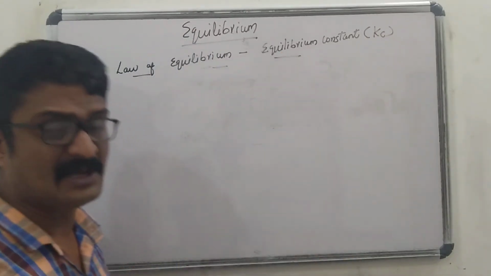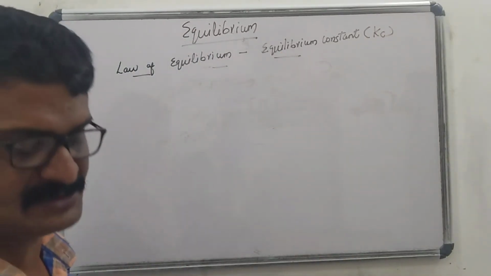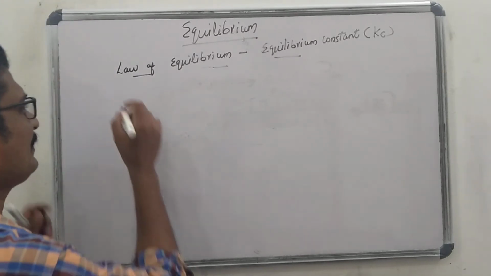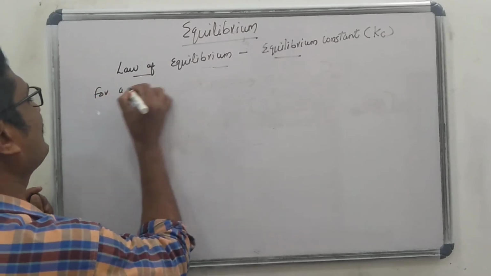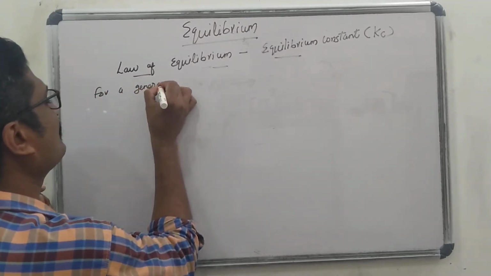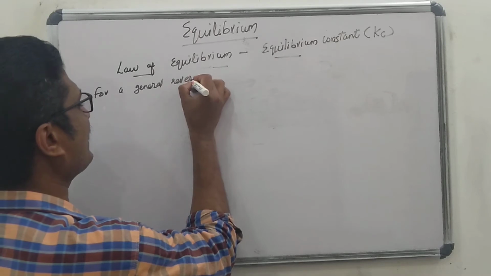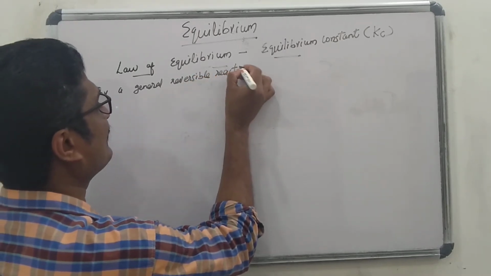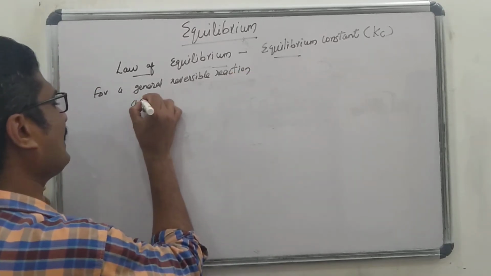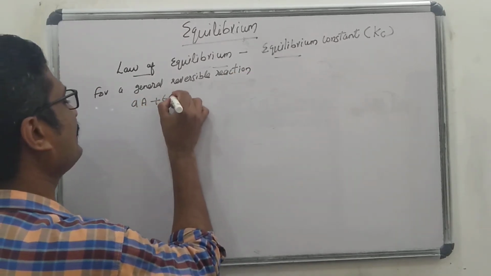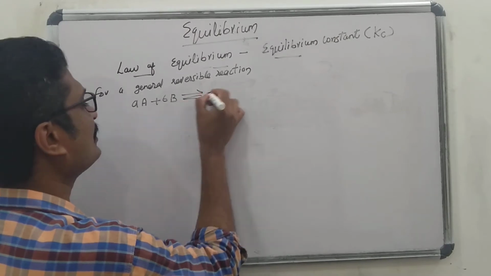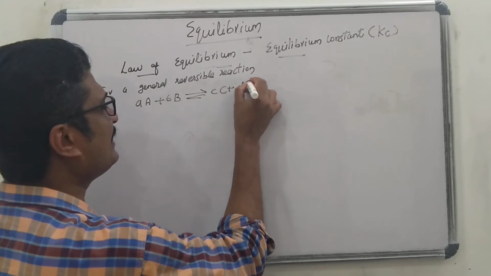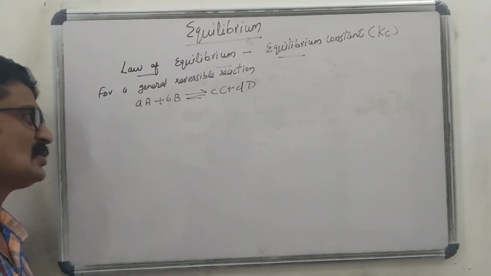Okay, we can consider a general reversible reaction. Please listen. For a general reversible reaction, a moles of A reacts with the b moles of B to form c moles of C and d moles of D. Okay.